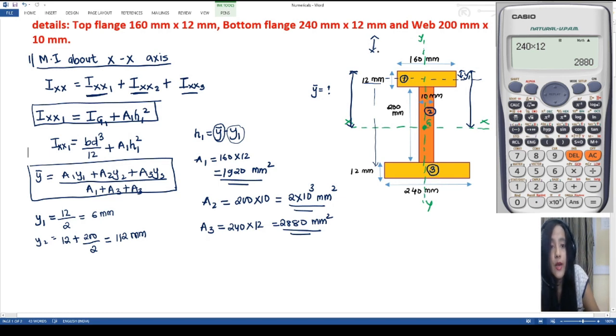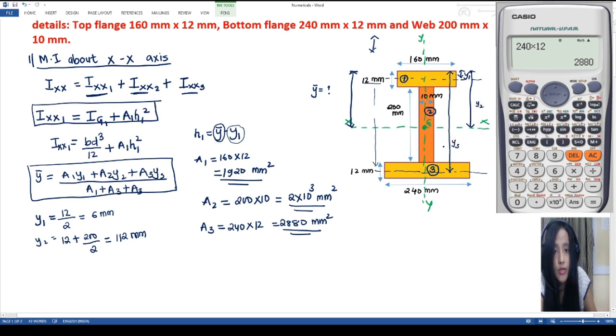Similarly, now I have to find Y3. If I am to find Y3, I need to come from this top flange till my bottom flange, but for the bottom flange it will be only half of the bottom flange, which will be till this portion here. So I need to find this height. This is my Y3.